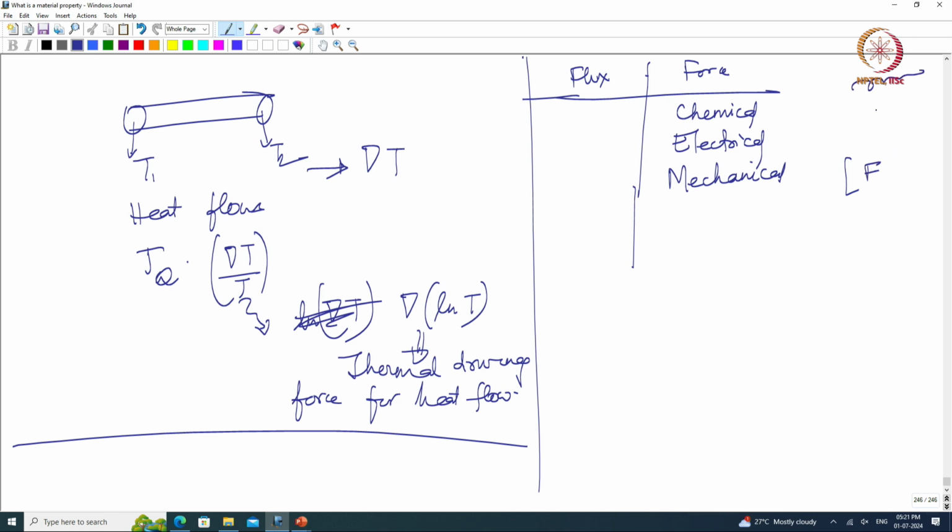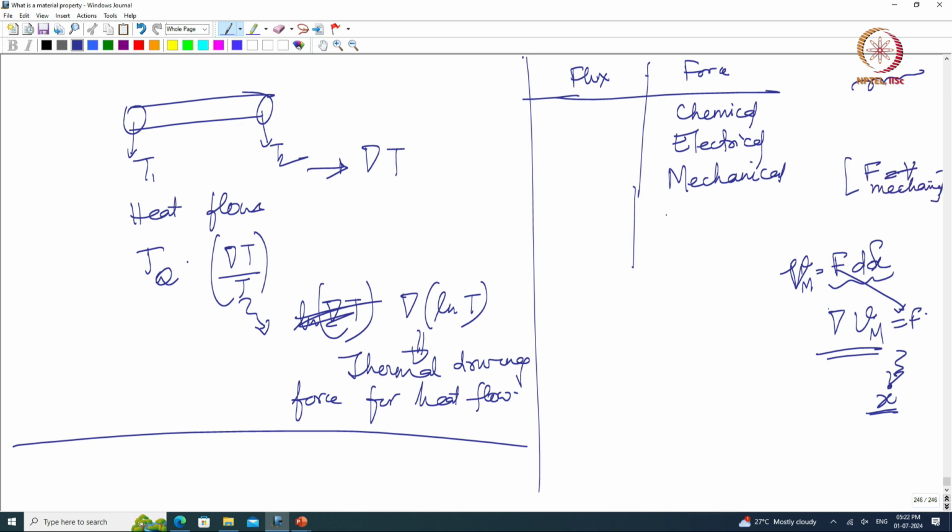I have a mechanical potential V m given as F dx, and the gradient of V m gives me the mechanical force, which is nothing but F. The flux it generates is a spring that just keeps extending. There is no conservation of volume there, for example, so it may not exactly work out, but for completeness I will say there is a gradient of mechanical force.